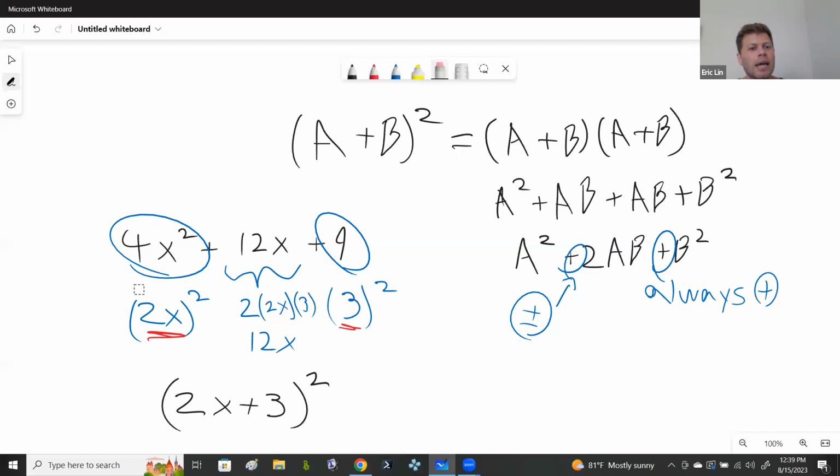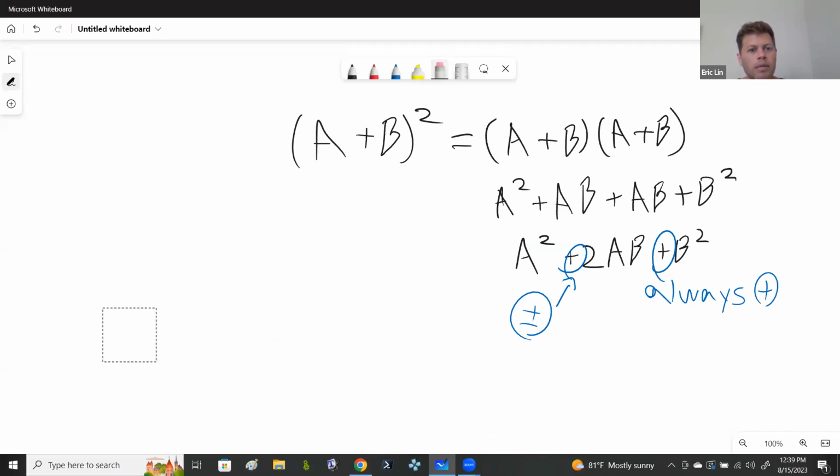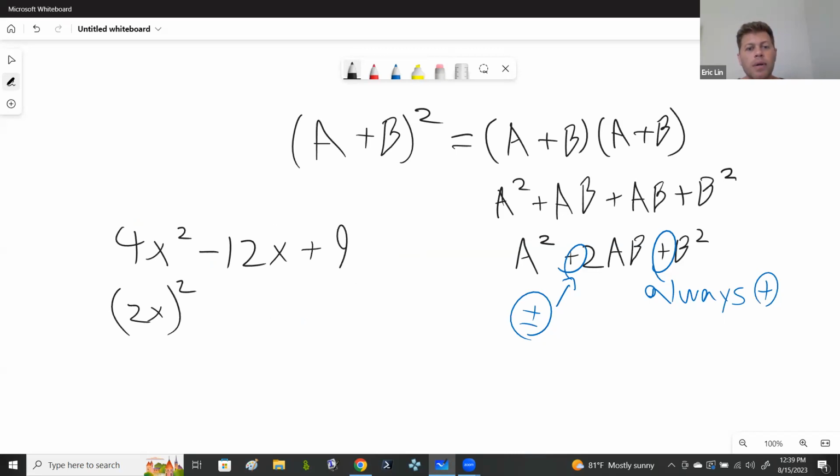But let's re-look at this problem. Let's just suppose that it had a negative sign in the middle term instead of a positive sign. What does that say? Well, I still know that 2x was the thing that was squared. Here I know that 3 is the thing that's squared, but I have an indication that the thing that was squared was actually negative 3, not positive 3.